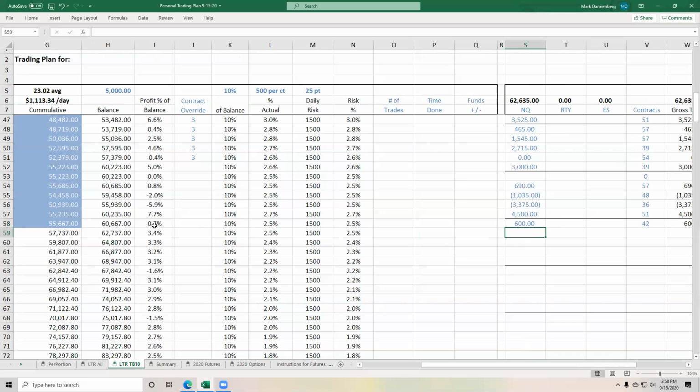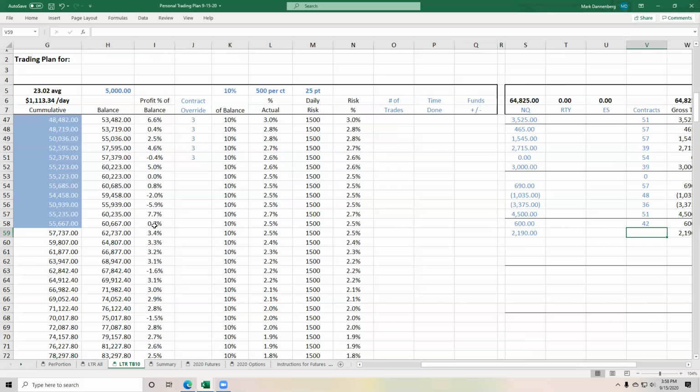Okay, and then today's performance, we were up 36.5 points, so 36.5 times $20 a point times 3 contracts per trade is $2,190, and there were 12 trades today.